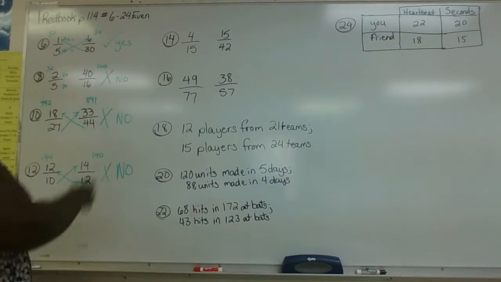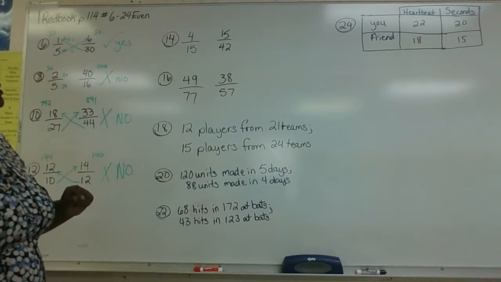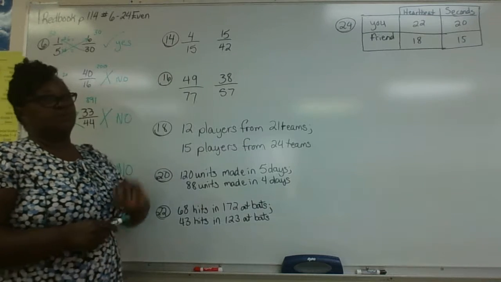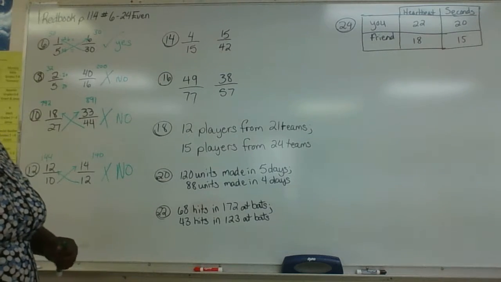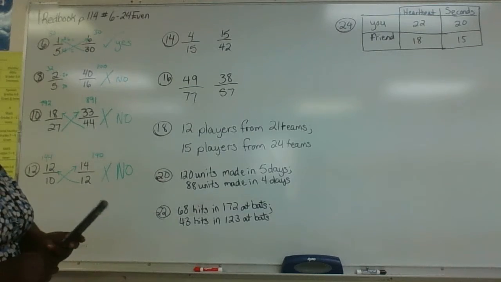Okay, let's take a look here at number 14. On number 14, we have 4/15 and 15/42. Okay, we are going to multiply cross product 15 times 15, and we get 225.